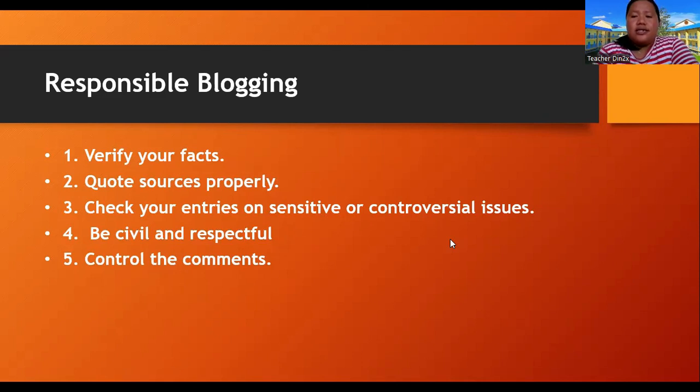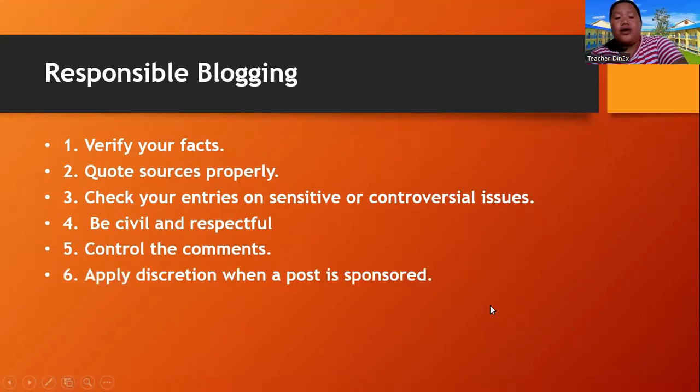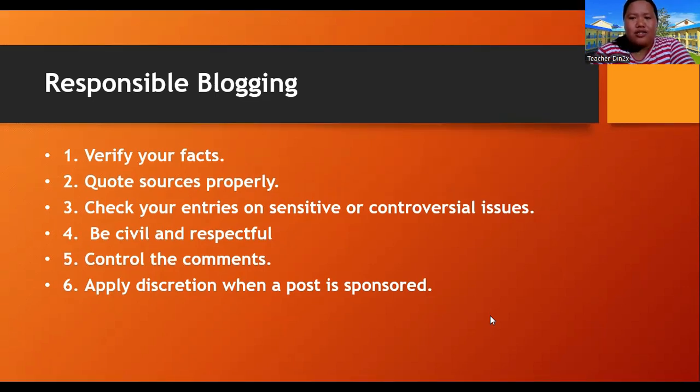Okay? Next, apply discretion when a post is sponsored. Once you are famous on the internet, an online celebrity now, you have to apply discretion when a post is sponsored. Just like in the vlogs that you've watched, they say in the YouTube, this video is sponsored by so and so.